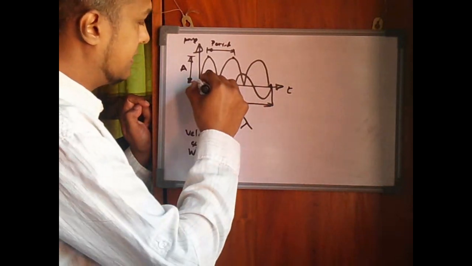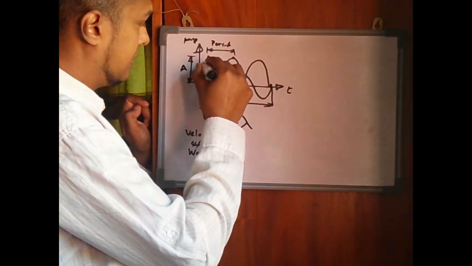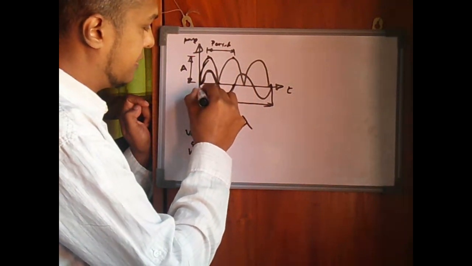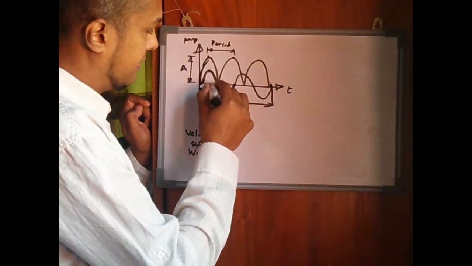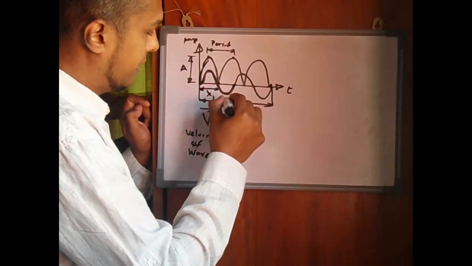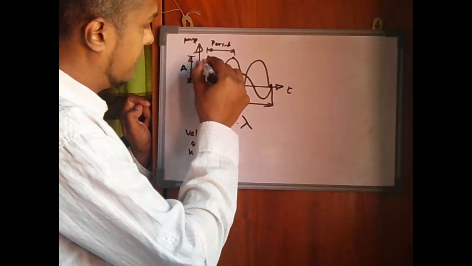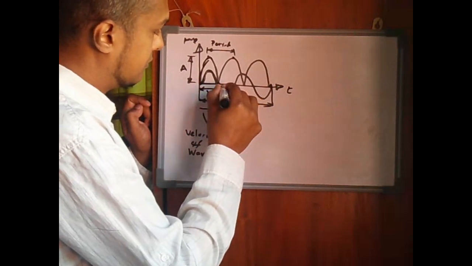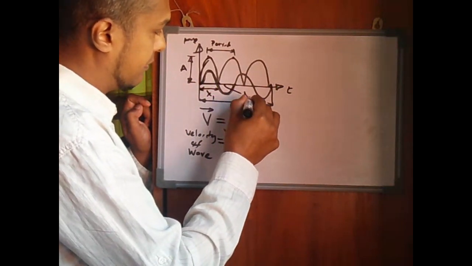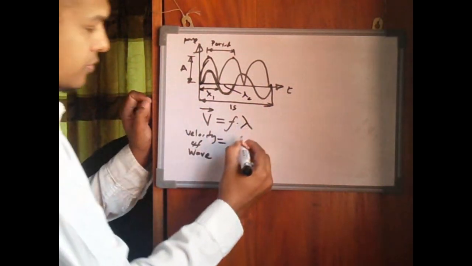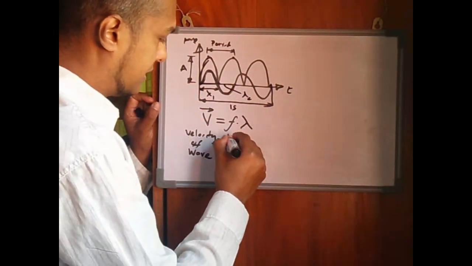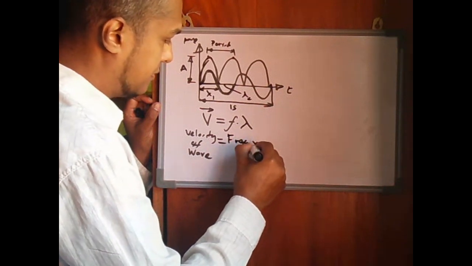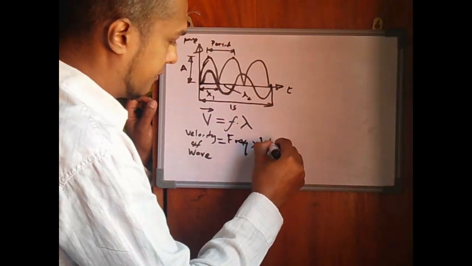We call this lambda for the top one, and for the bottom one the wavelength is this. So velocity is frequency times the wavelength.